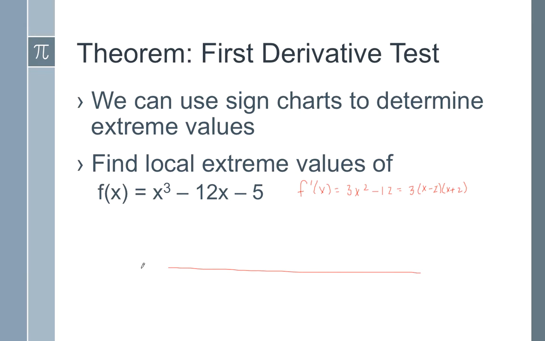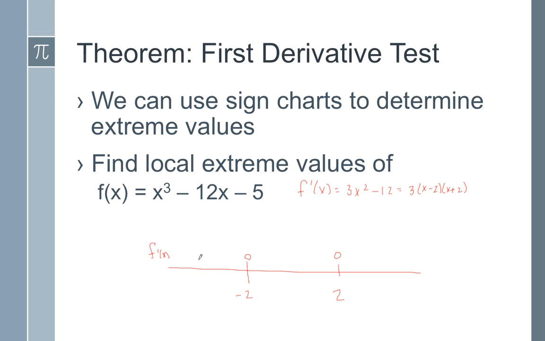That means we can do a sign chart kind of like we did in pre-calculus, where we have the value of -2 and +2, and we need to figure out what's going on between or in these other intervals. We know that this makes f prime 0 at -2 and 0 at positive 2.